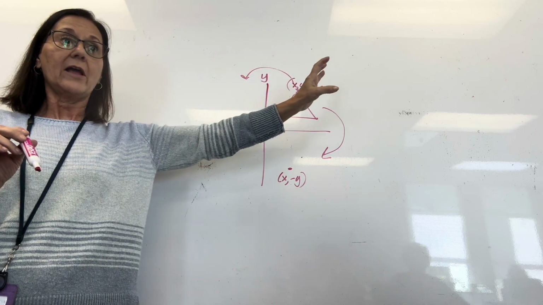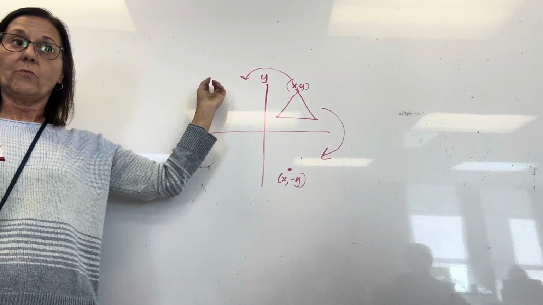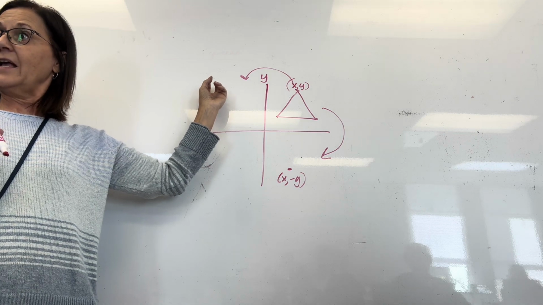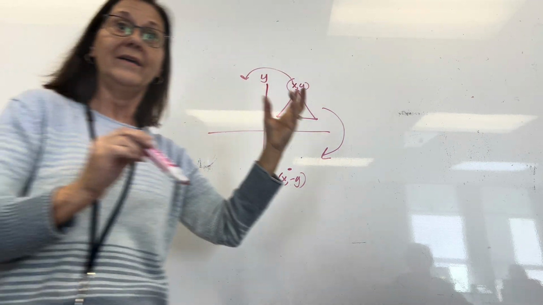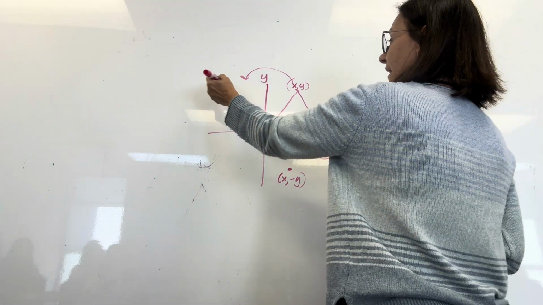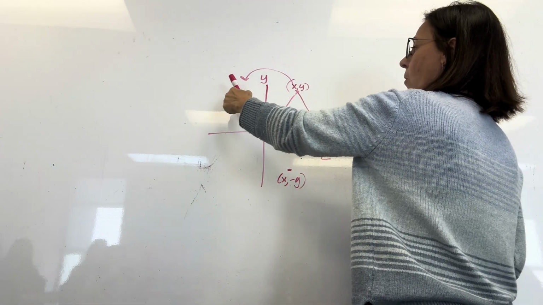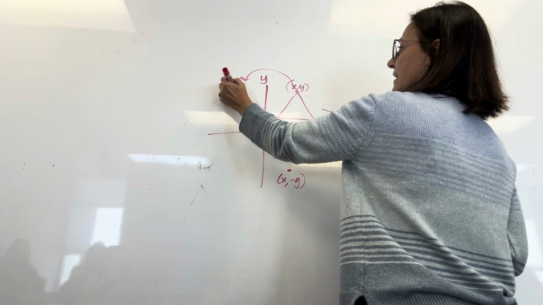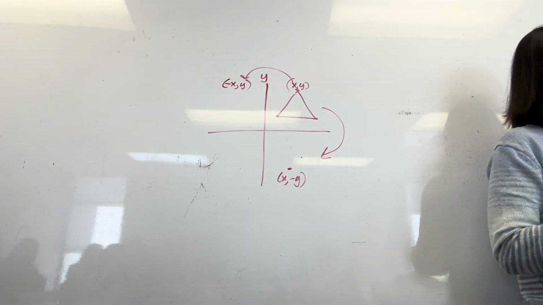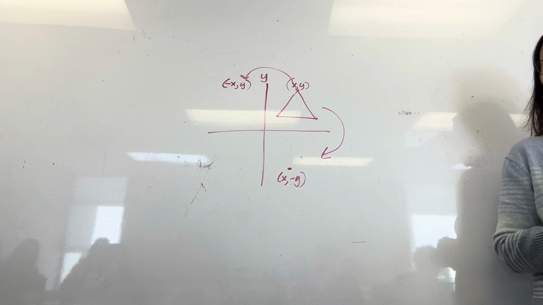Because that's called a horizontal reflection, what coordinate changes? The horizontal coordinate, the x. So if I go from quadrant 1 to quadrant 2, it becomes negative x. The y coordinate doesn't change.